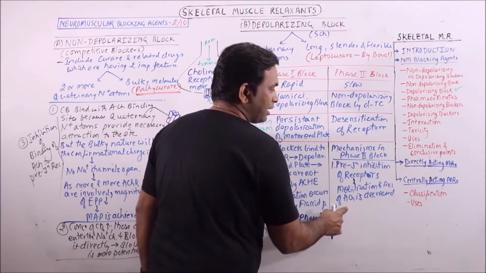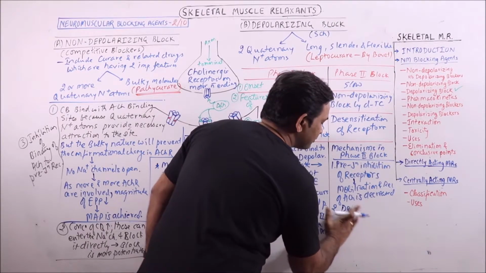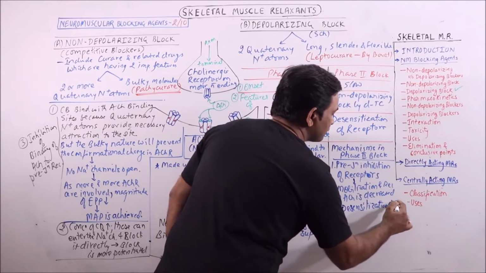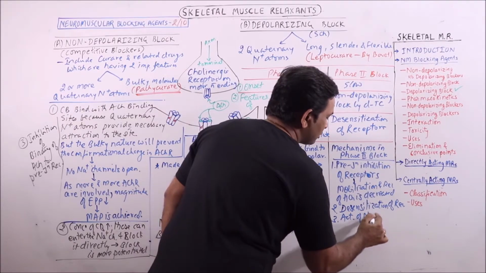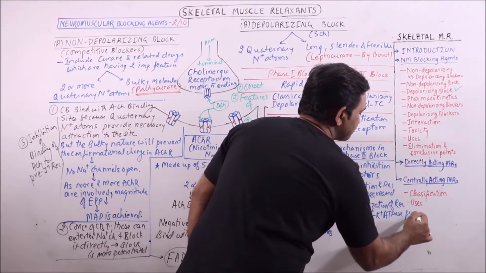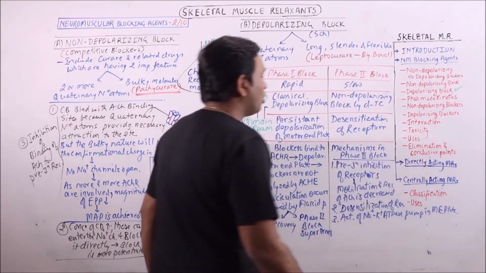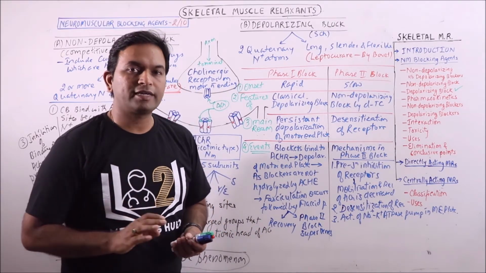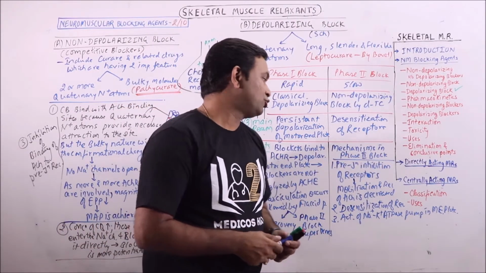Another mechanism which is most important is desensitization of receptors. Third one is activation of sodium potassium ATPase pump in motor end plate. All these mechanisms will bring the membrane potential towards the resting membrane potential, that is, they will result in repolarization. So this is the phase 2 block.